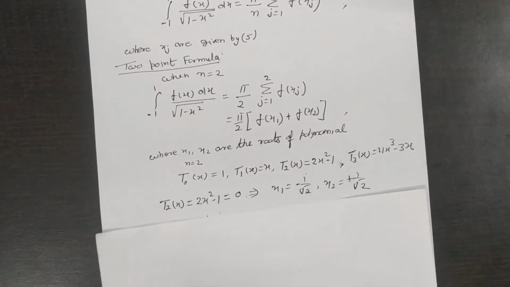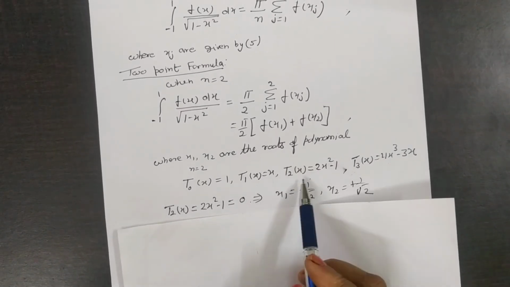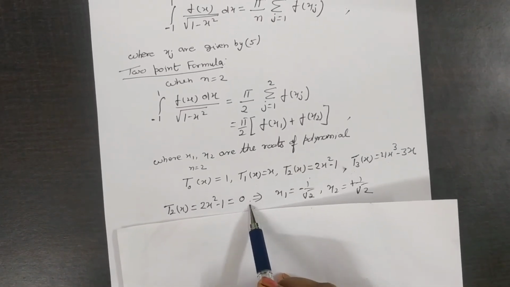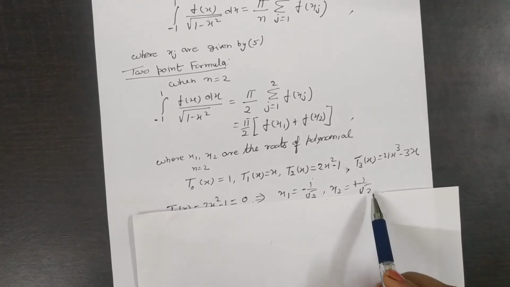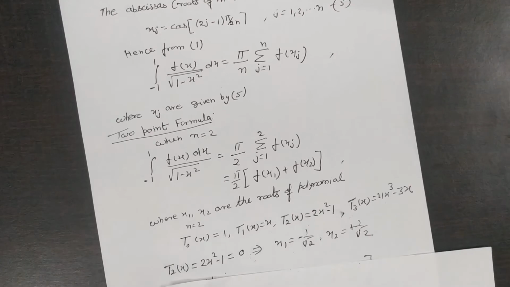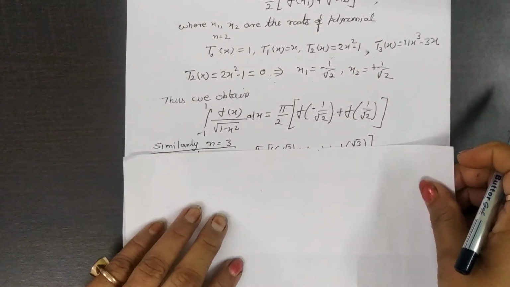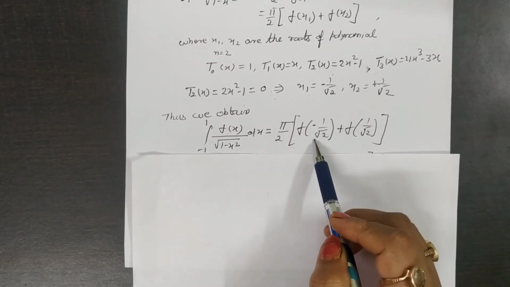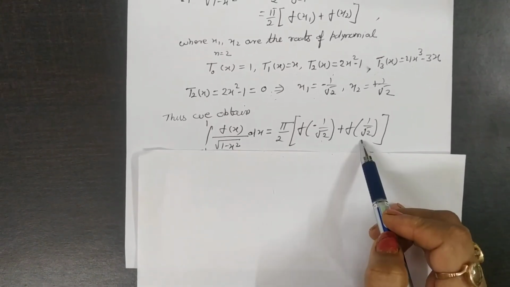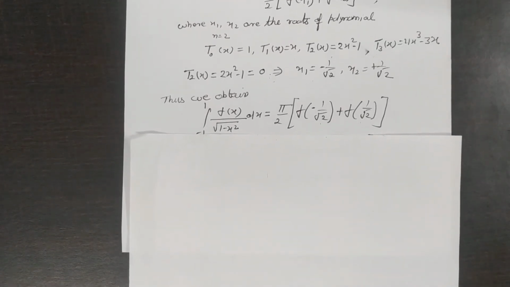Here T2(x) equal to 0 gives x1 as minus of this and x2 as plus of this. So we obtain pi by 2 times f(x1) plus f(x2), with x1 this one and x2 this one. This is actually the 2-point formula for the Chebyshev.